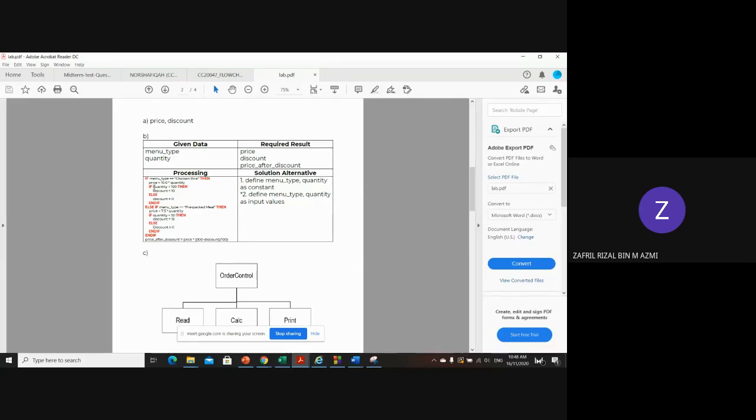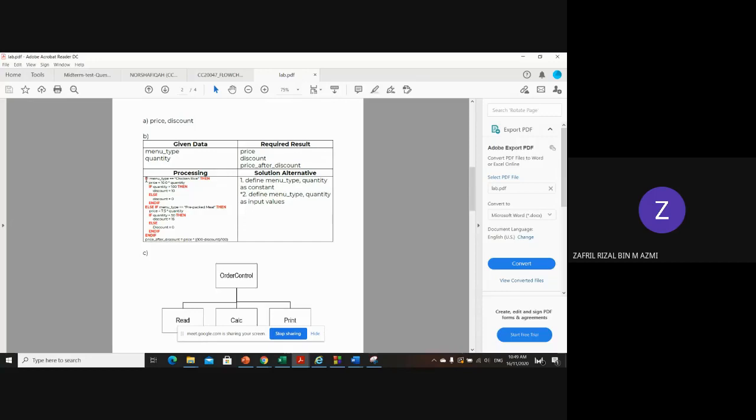I prefer this one because it is easy for me to read, easy for us to differentiate. So this is correct. The given data is added more at the table, and the required result also you need to include all the things in the manual form.